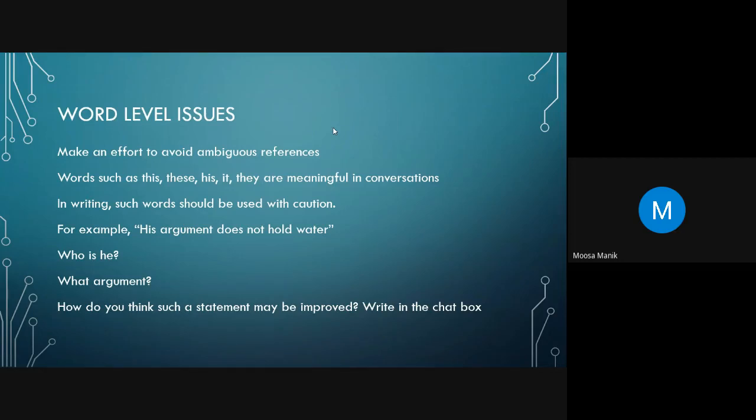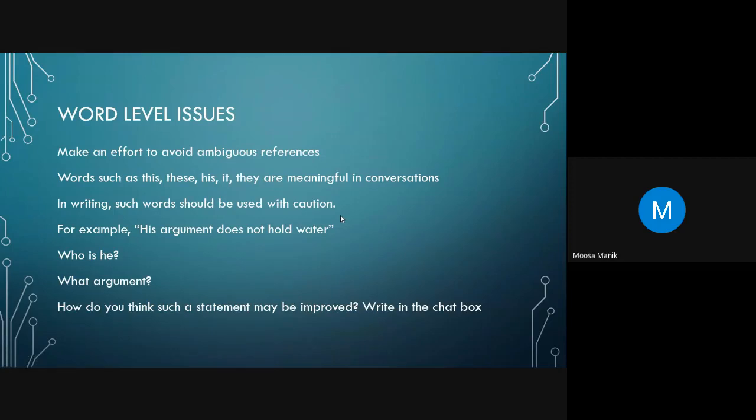For example, avoid ambiguous references, words such as this, these, pronouns. They are meaningful, but in writing, you need to be extra cautious in using pronouns or any other word like that.